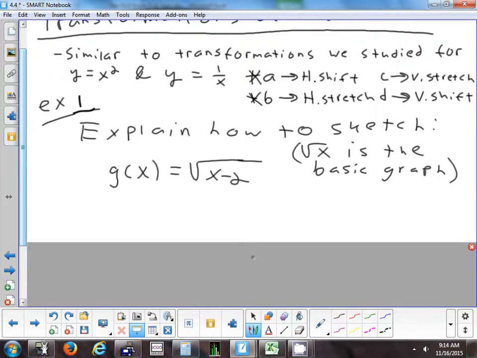All right, so all I want to know here is, if I had the graph of square root of x, what would be the difference between these two graphs? To get g of x, what would you do to square root of x?